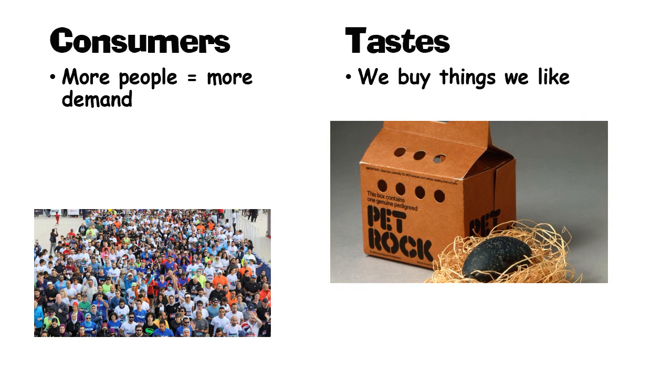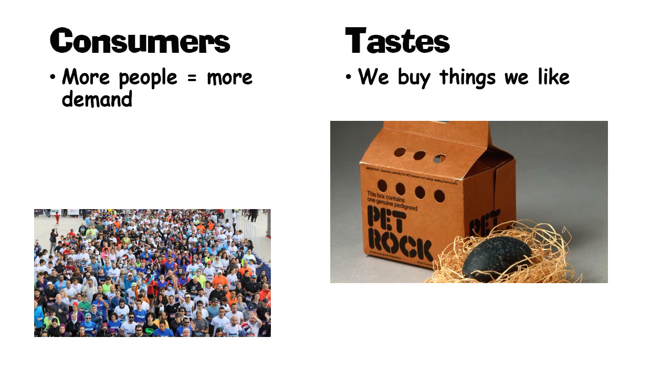And then tastes. Okay? I put this box up here on purpose because it's one of the cool examples in my theory of life. And it's the example of the pet rock. One Christmas, some brilliant person got this idea that they would make these boxes. You notice there's air holes in the box for your rock, so your rock can breathe. And inside this box, there are two things.